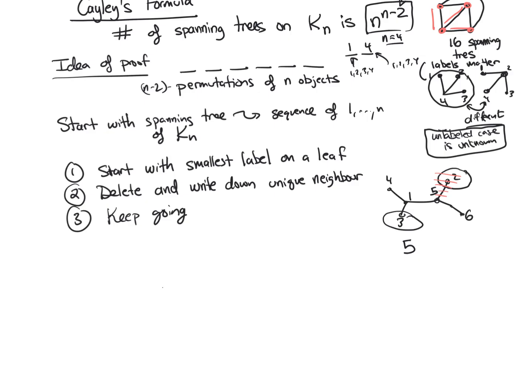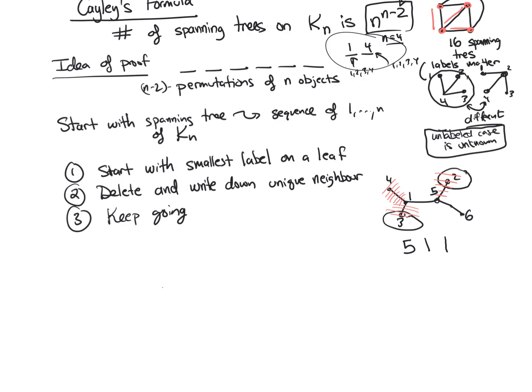We delete it and write down 1. Now 4 is the next smallest leaf. We delete it and we write down 1 again. Now remember, repeats are allowed in this. That's why we would have something like 6 to the 4 possibilities.